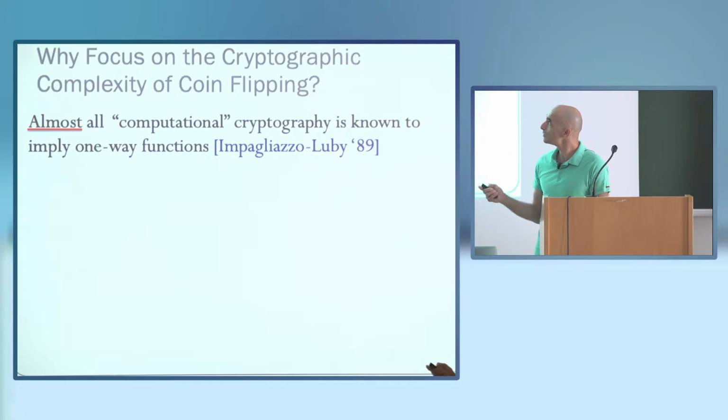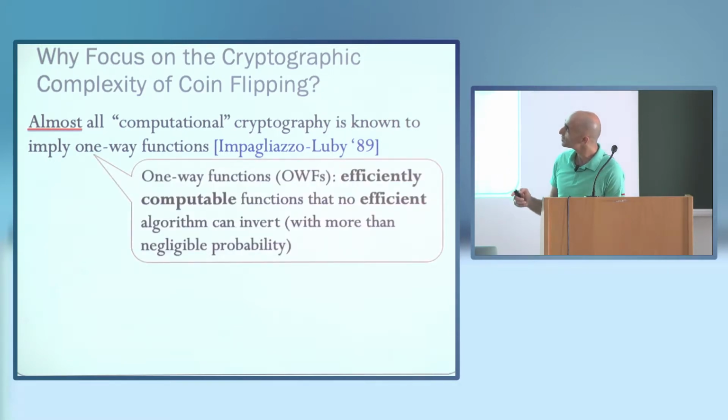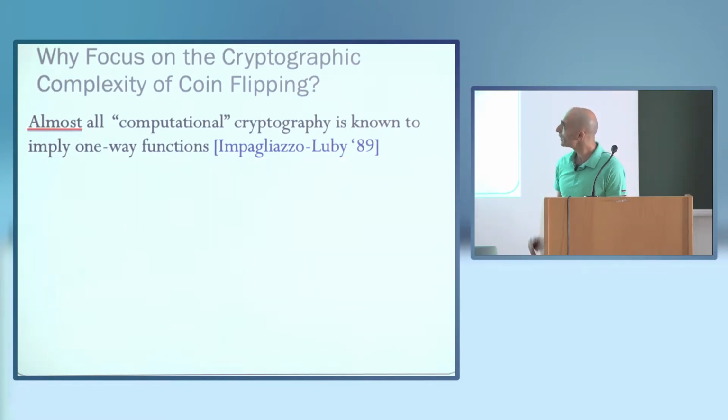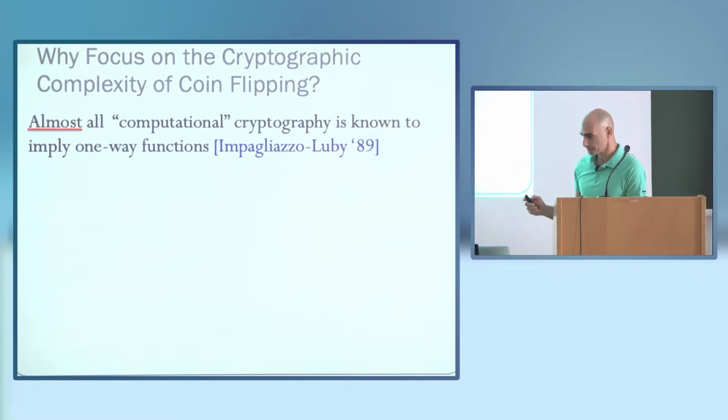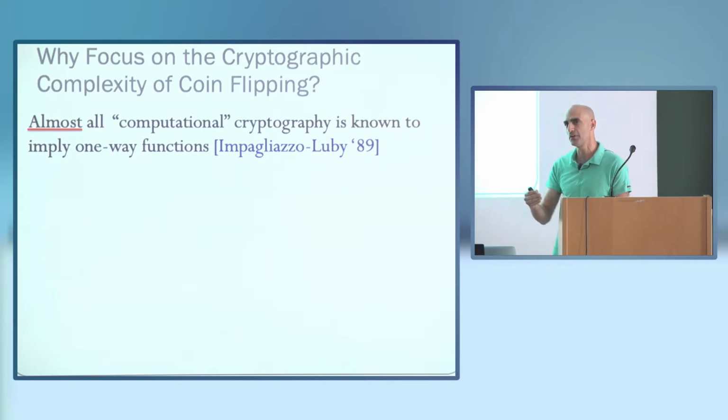And let me just recall what one-way functions are. They are functions that are easy to compute, but hard to invert on the average. Okay? Iftach already told you about them.